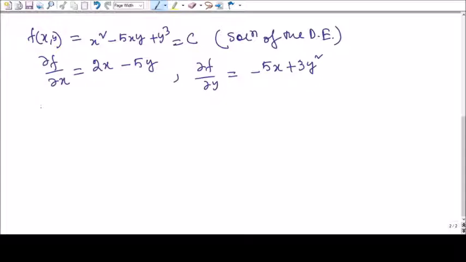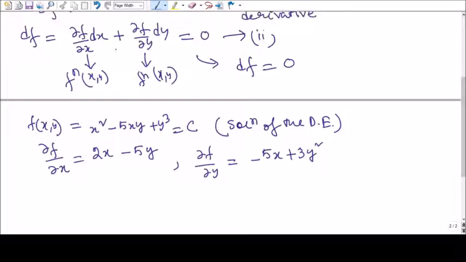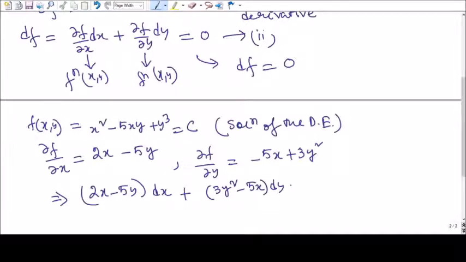Now putting these values of del f del x and del f del y into equation 2, we get 2x minus 5y into dx plus 3y square minus 5x into dy equal to 0.